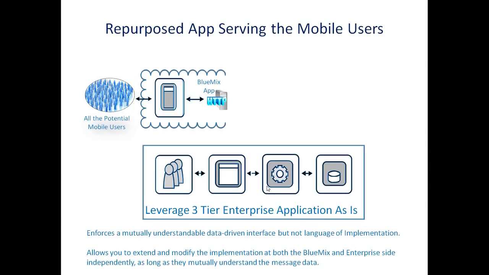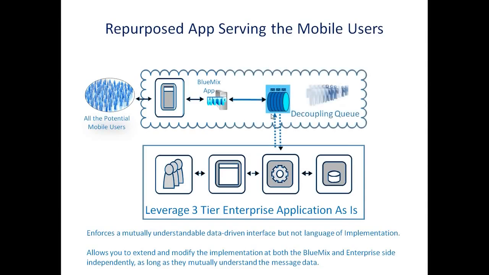Why? Because there is simply no way for the enterprise app to service these potential users simultaneously. So what we're going to do is set up a queue and push them into the queue. Here you see how the decoupling queue, just like what we saw in the previous chart, comes into play.